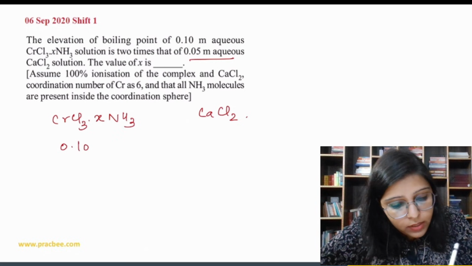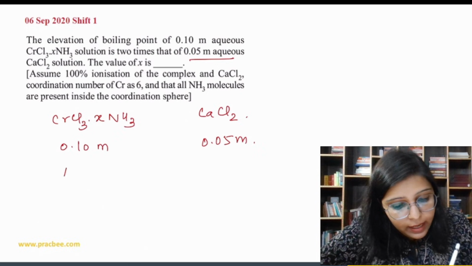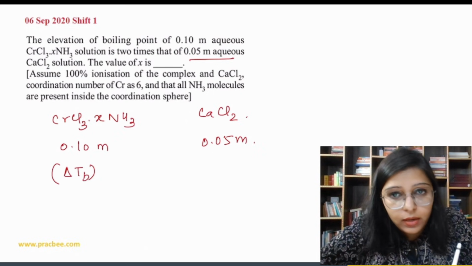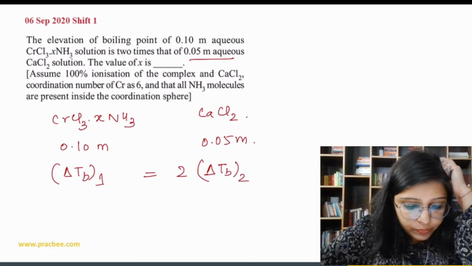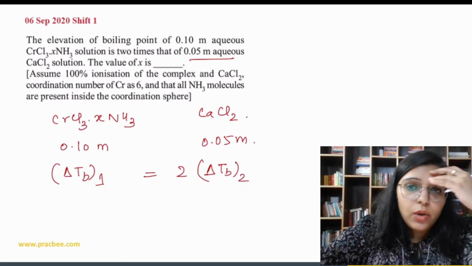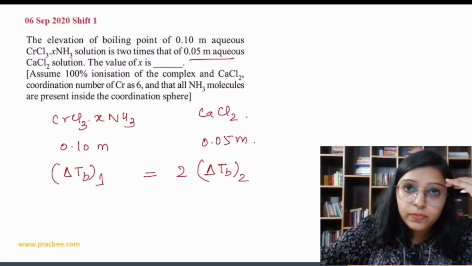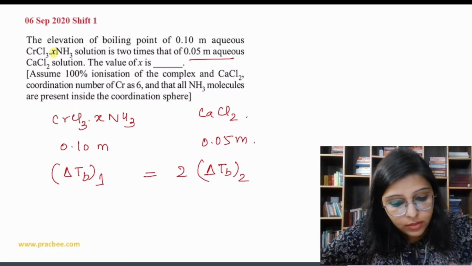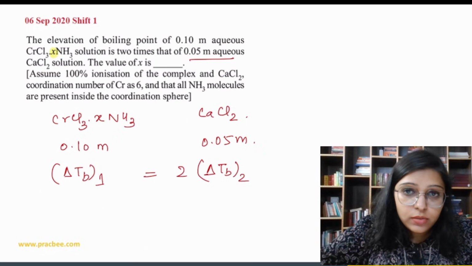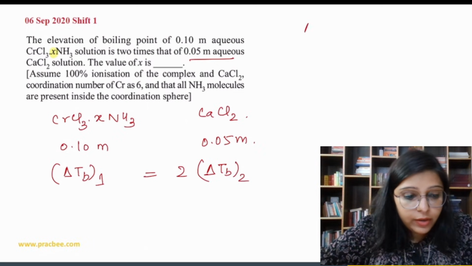So this is 0.10 molar and this is 0.05 molar, and delta TB1 is actually 2 times delta TB2. Fine. Okay. So now what we are going to do, we are going to write two equations and we have to find out the value of x. We have to assume 100% association. So see how to find out.